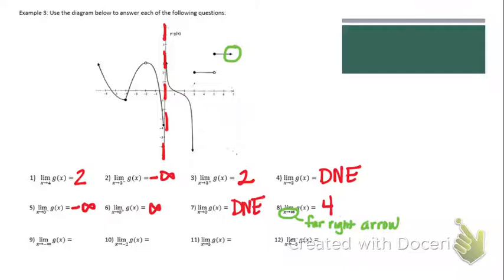Now this one is saying the far left arrow. Let me do that in a different color, actually. So that would be this arrow right here.